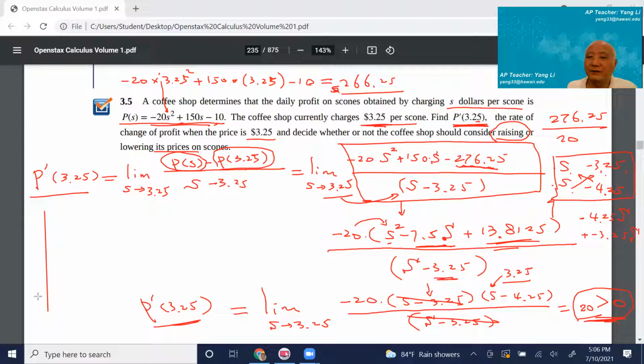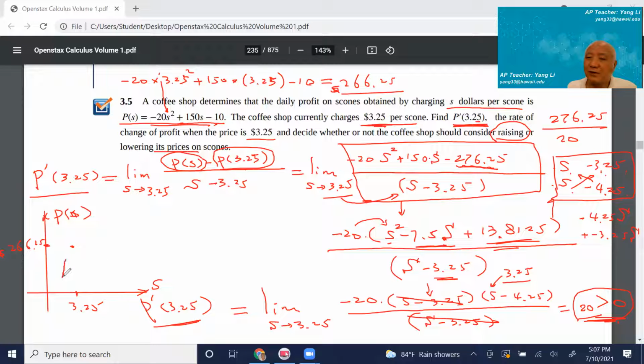This is the s price, and this is the profit. For example, you have this one is 3.25, and the profit right now will be 266.25, right? This is in dollars, okay? And then you have this point here right now.